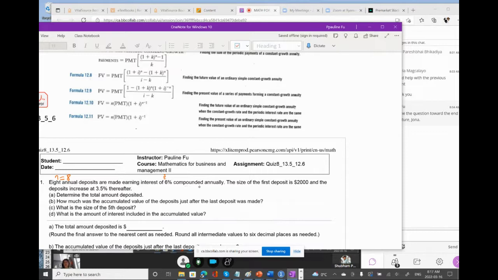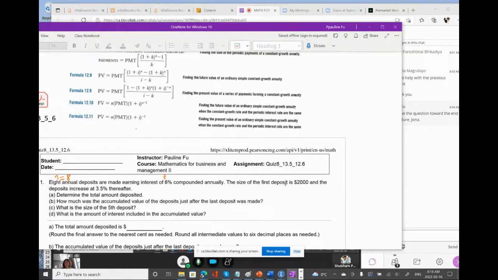If 6% compounded quarterly, you have to use 6% divided by 4 when you use the formula. But this question is compounded annually, so I equals 6%. I repeat, if 6% is compounded quarterly, you have to use 6% divided by 4. That is the I.